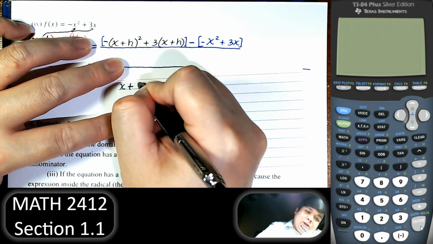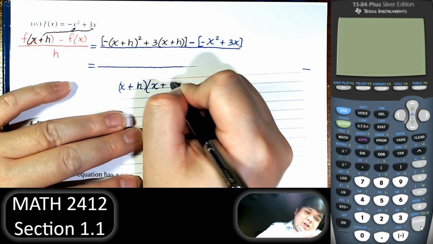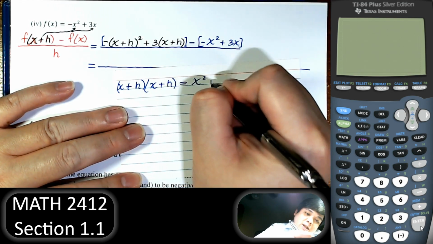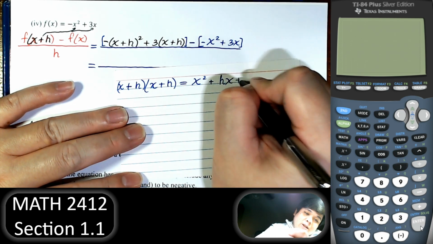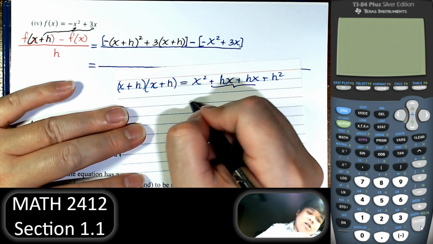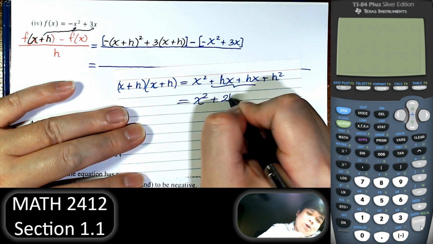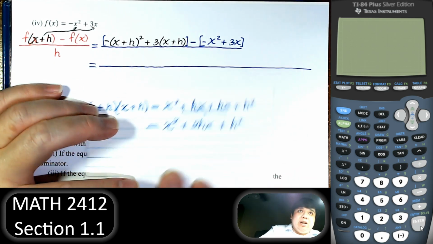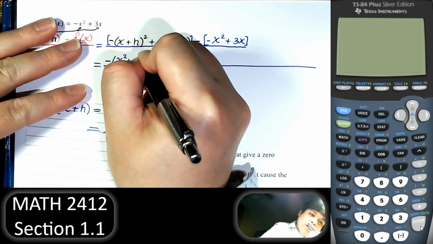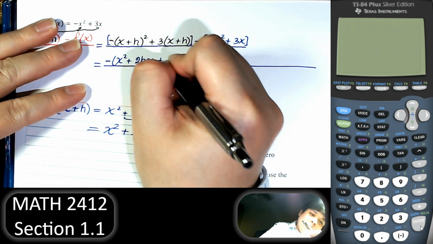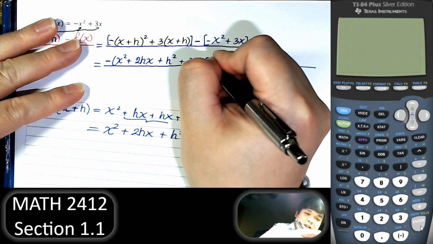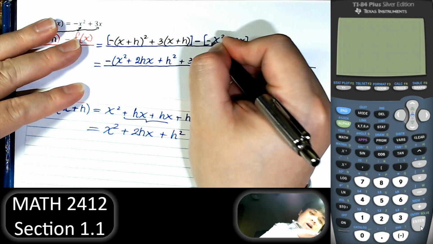Now we have x plus h times x plus h. Multiply them out: x times x plus hx plus hx again, and then h squared. Combine like terms: x squared plus 2hx plus h squared. So we have the negative still there: x squared, 2hx, h squared, plus 3x and 3h, minus negative.